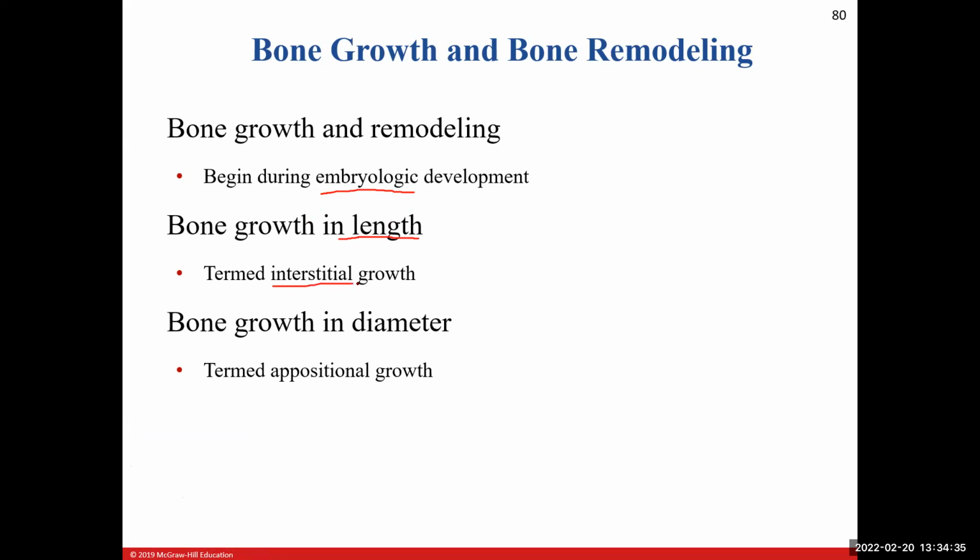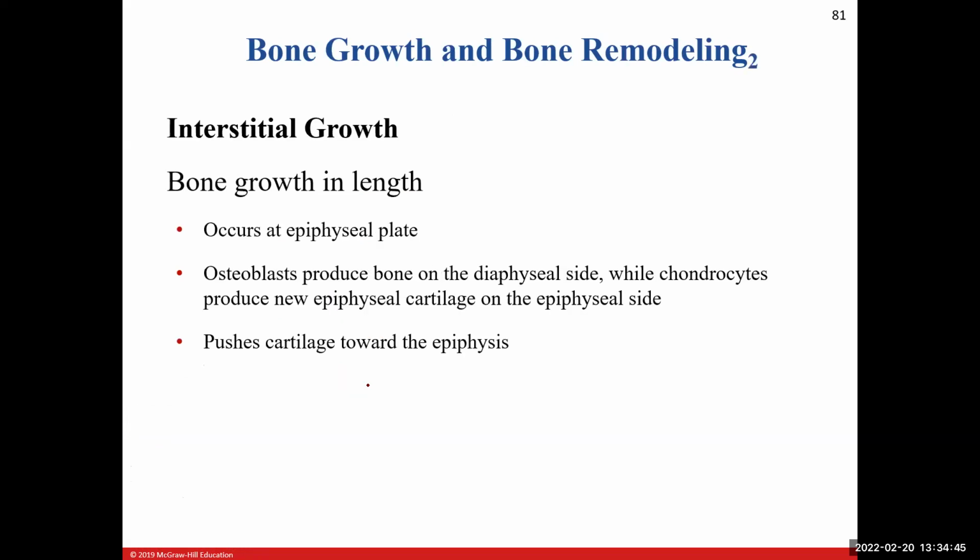So that is our interstitial growth, and that occurs internally. Then we are going to discuss the diameter, and that is referred to as appositional growth. So when we're talking about bones growing in length, we're really going to be focusing on the epiphyseal plate.